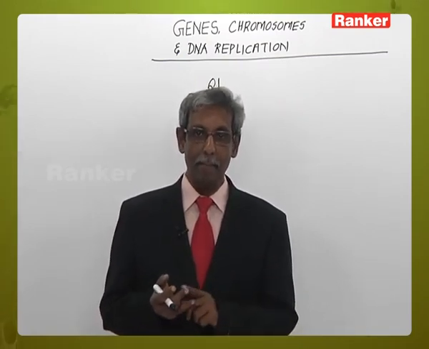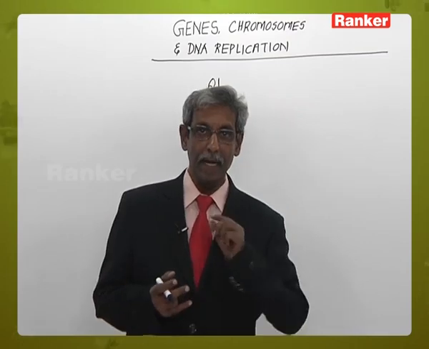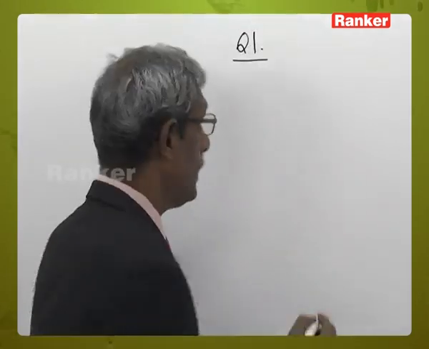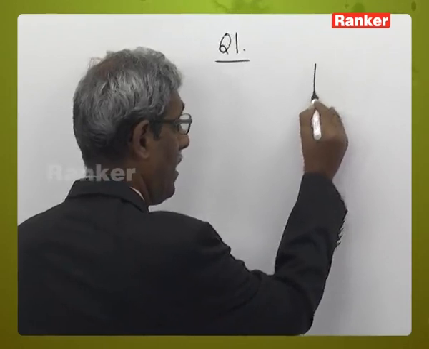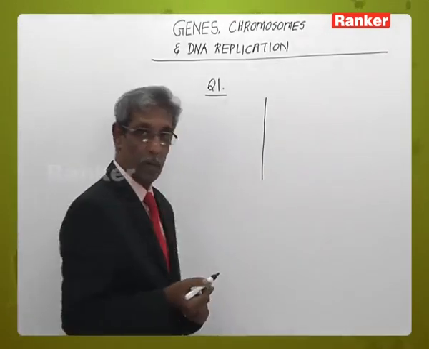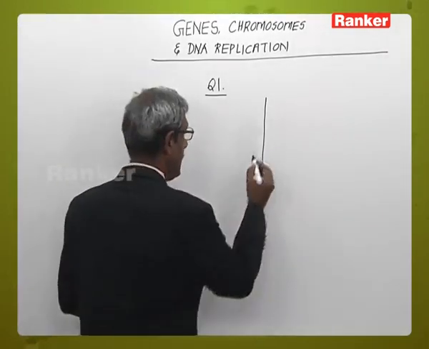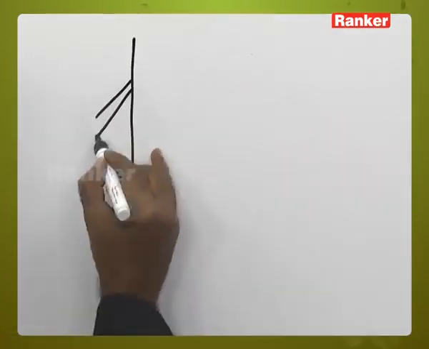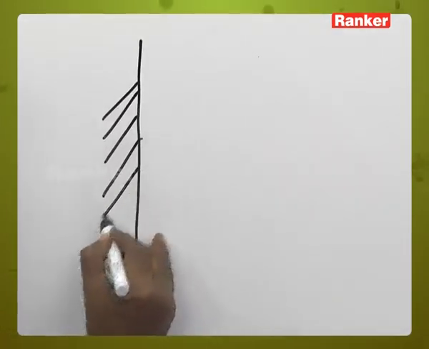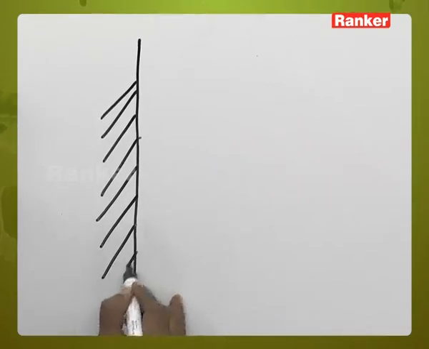Now, when you take lampbrush chromosomes, they resemble a bottle brush. So, in a lampbrush chromosome, we have a central chromatin axis and this one radiates on the sides like a bottle brush.